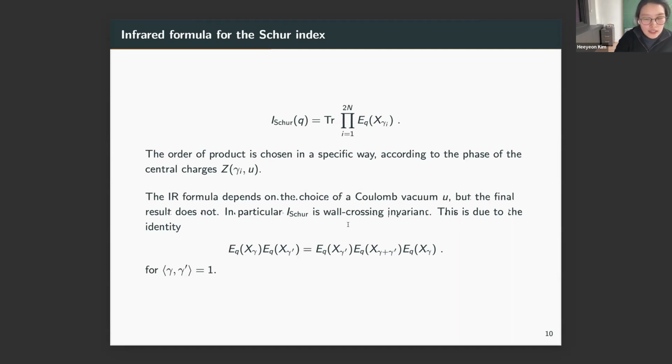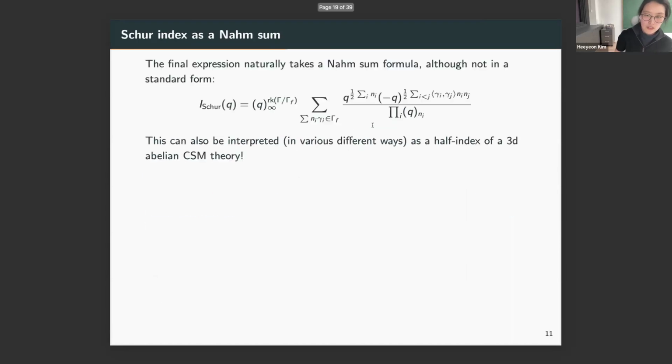This is due to the famous pentagon identity that the Q exponential satisfies when gamma and gamma prime have this relation. This in general says that this formula is invariant under the various wall-crossing movements.